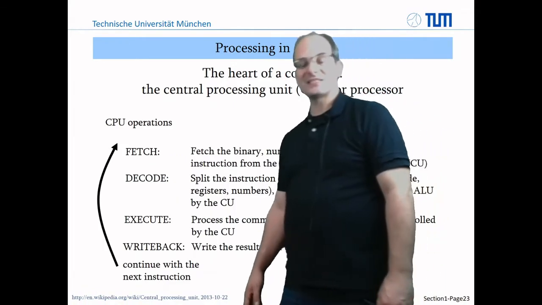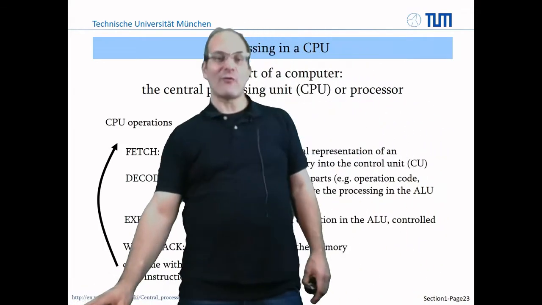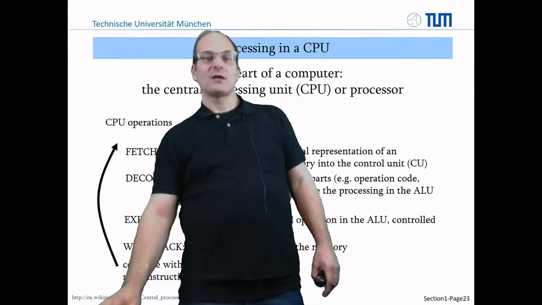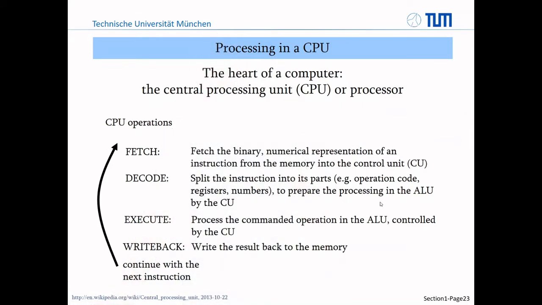So this means what you do are these 4 steps of fetching the binary numerical representation of an instruction from the memory into the control unit, into the special register. Then you split the instruction into its parts, especially the operation code, the numbers, addresses, registers, whatever.